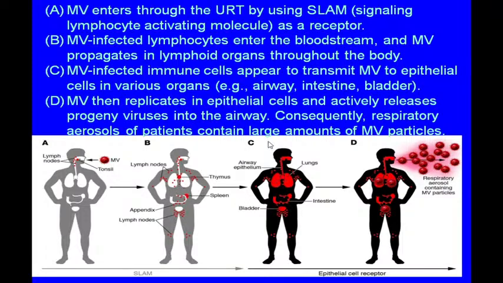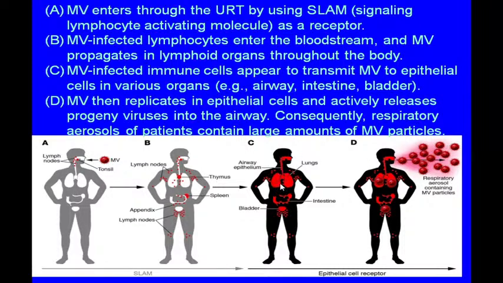So then, you can see here, the measles virus infected immune cells appear to transmit measles virus to epithelial cells, and to various organs: kidney, bladder, intestine, airways, and there the viruses multiply abundantly.